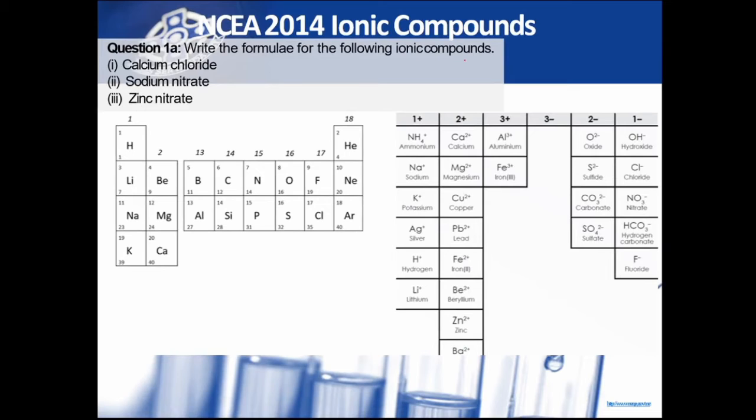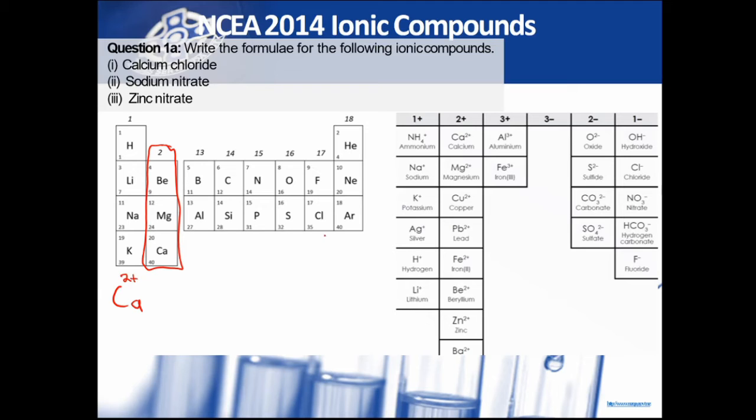So here's the following question. Write the formula for the following ionic compounds: calcium chloride, sodium nitrate, and zinc nitrate. So let's start with calcium and chloride. Calcium, you know, sits in group 2. So how many electrons does it want to give away? 2. So it's going to be calcium, there's calcium there, and it has a 2 plus up there.